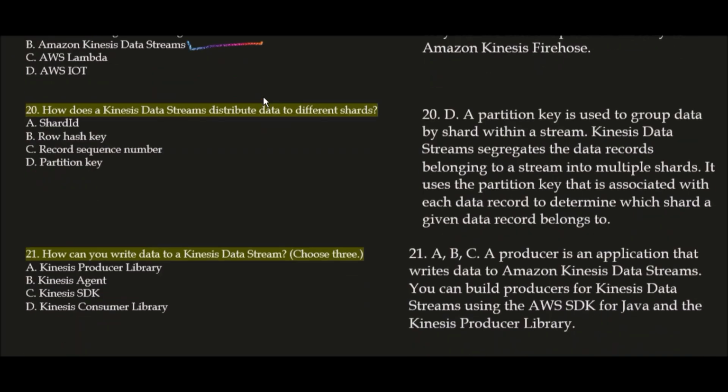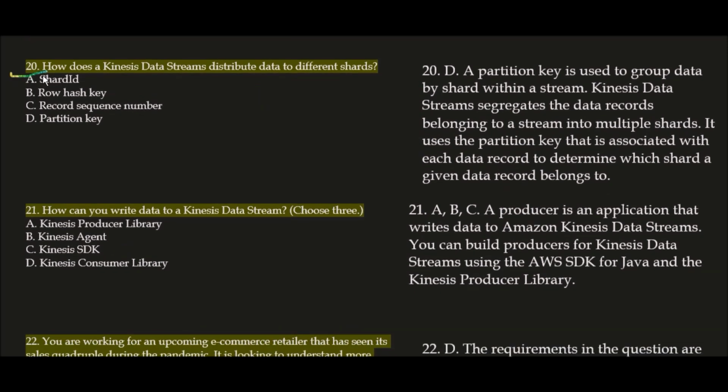Okay. Next question. How does Kinesis Data Streams distribute data to different shards? Option A, shard ID. Option B, raw hash key. Option C, record sequence number. Option D, partition key. Correct answer here is option D, partition key.